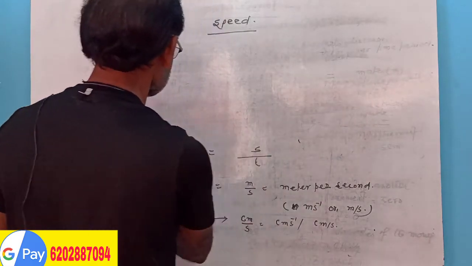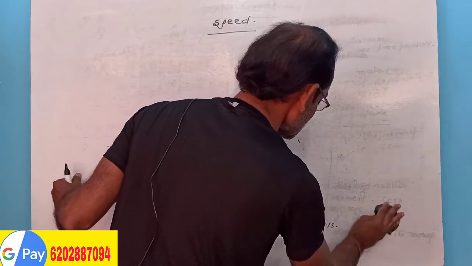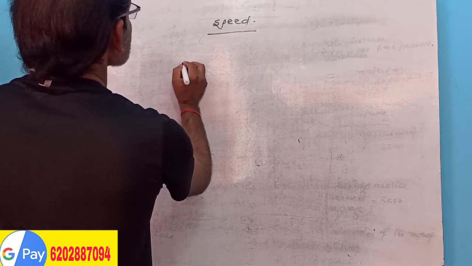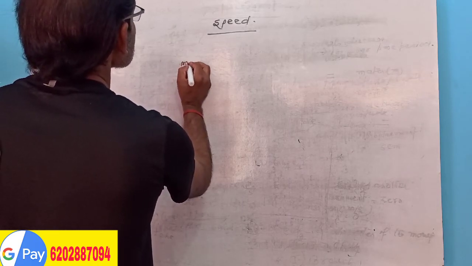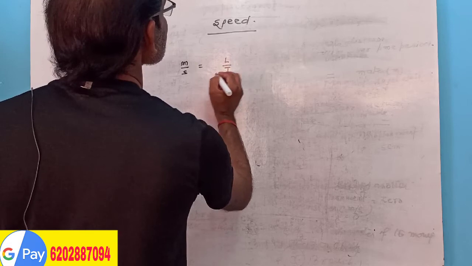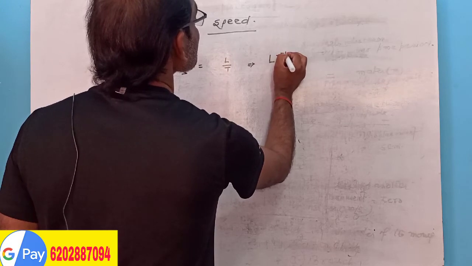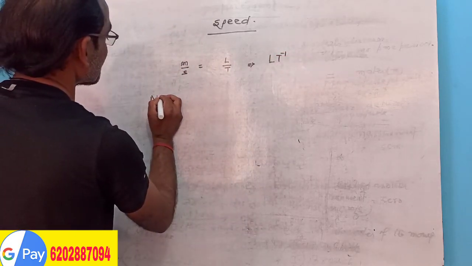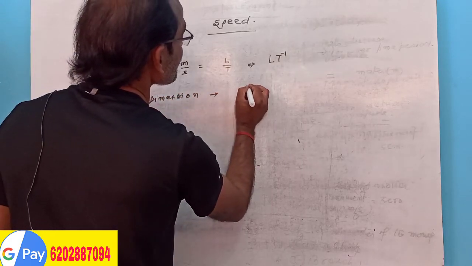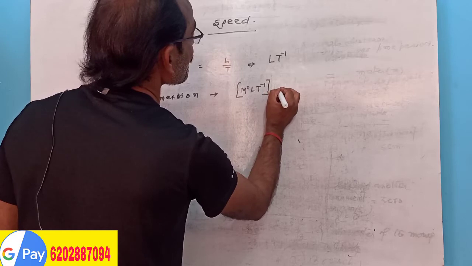Its dimension on the basis of SI unit is m by s, that is L by T, that is L T⁻¹. The dimension is M⁰ L T⁻¹.